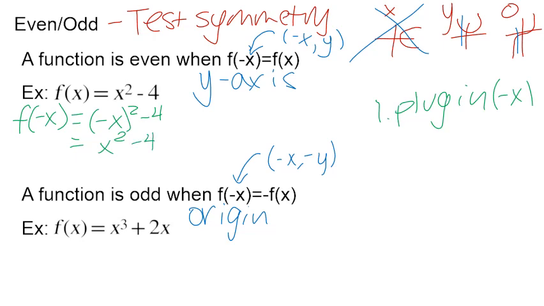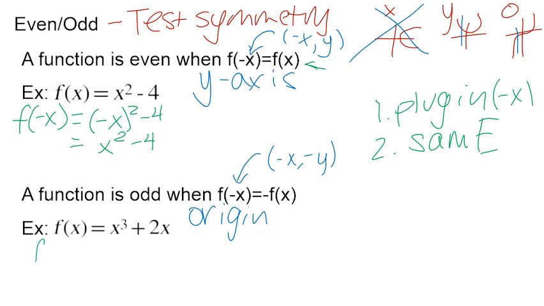Notice that what I get out from this is the exact same as what my original function was. That's what I want. I want my function to be the exact same. One way that I like to remember this is, when you plug in negative x, if what you get out is the exact same, then it's even.